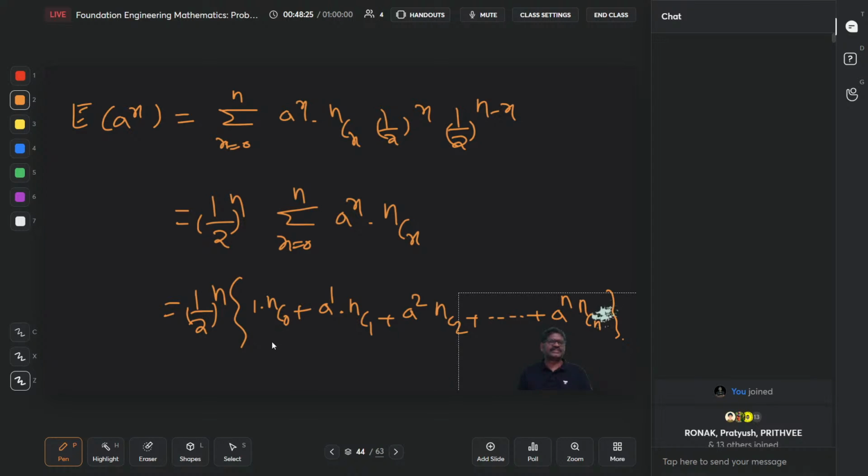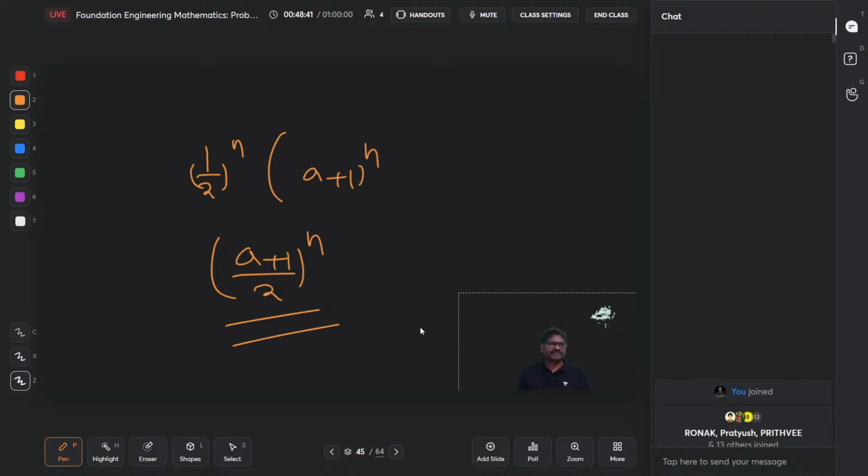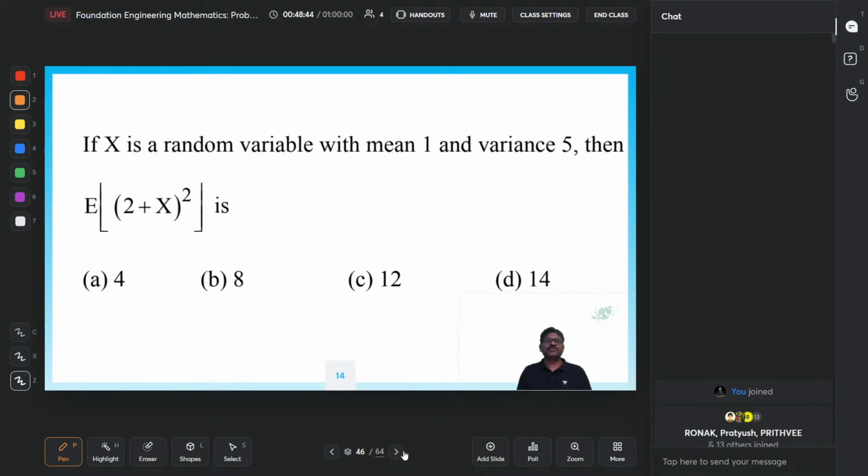Understood? That is nothing but the expansion of a plus 1 whole power n, the binomial expansion. Therefore, a plus 1 by 2 whole power n is the answer.